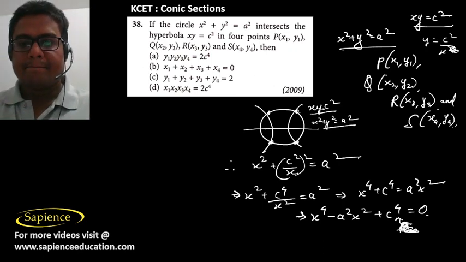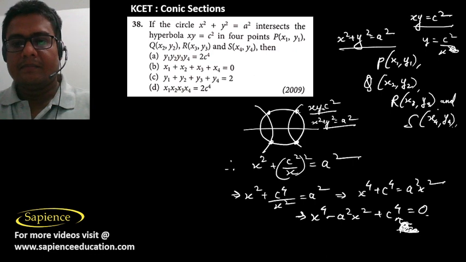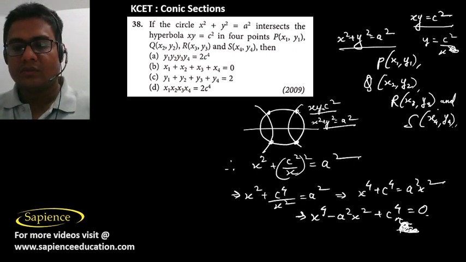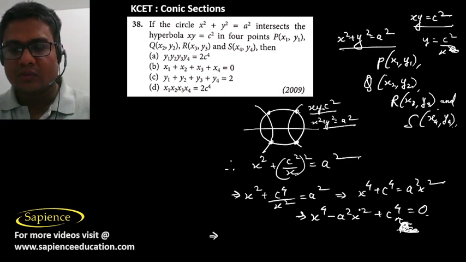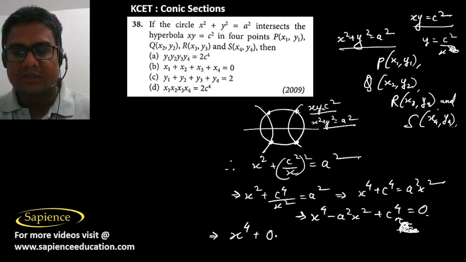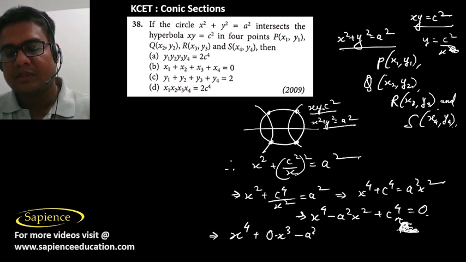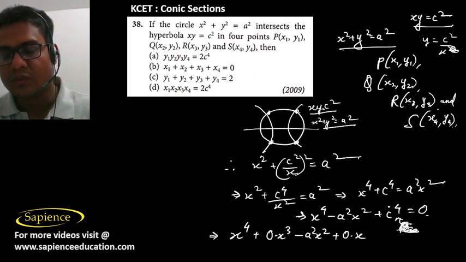So here there is no term containing x cube. Therefore the coefficient of x cube is 0 here. So it is x power 4 plus 0 into x cube minus a square x square plus 0 into x plus c power 4 equal to 0, since there is no term containing x.